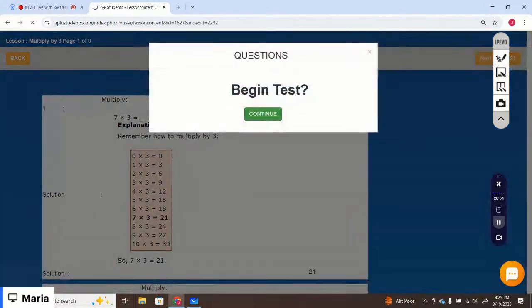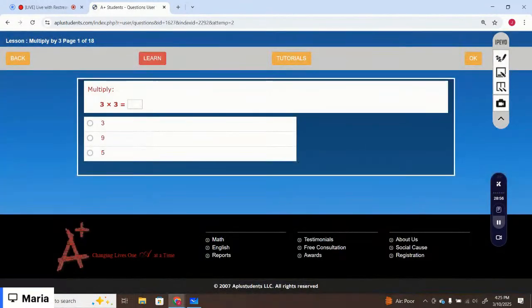Let's just start with the test questions. 3 times 3, which is the correct option? 3 times 3 is 9. Option number 2 is the correct option.